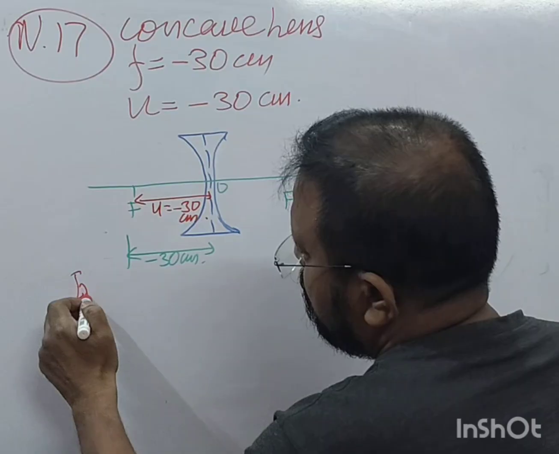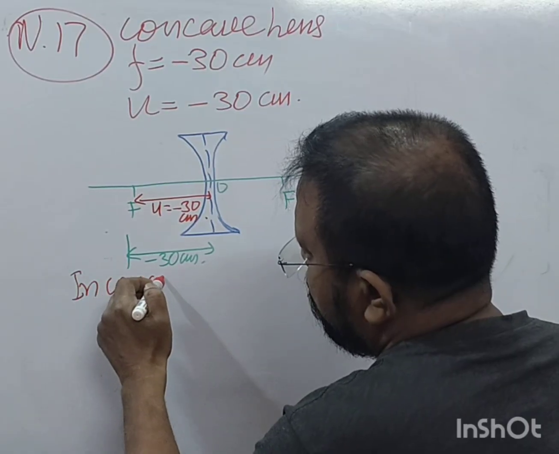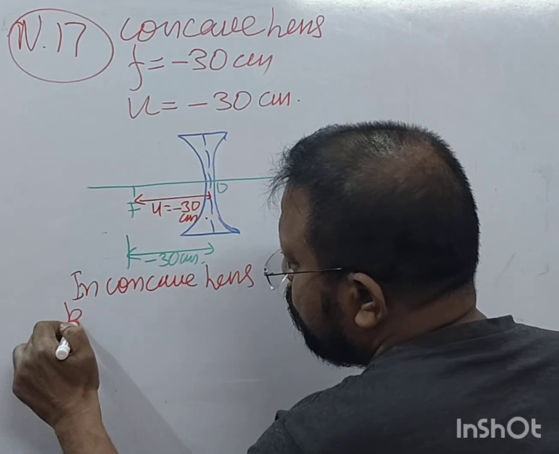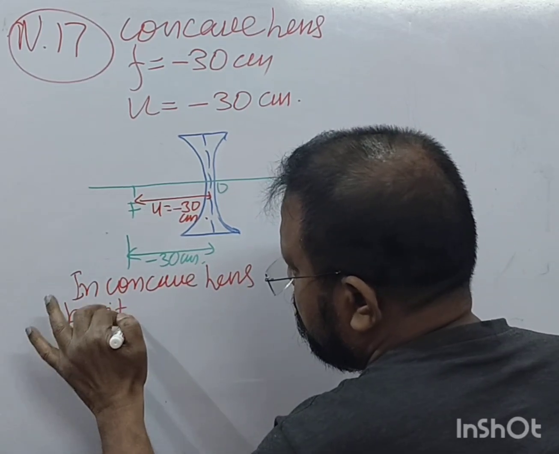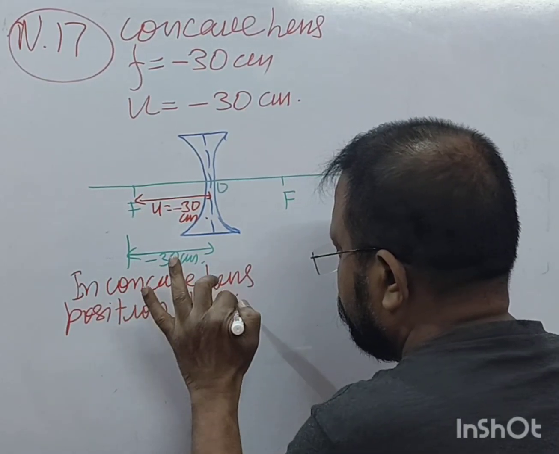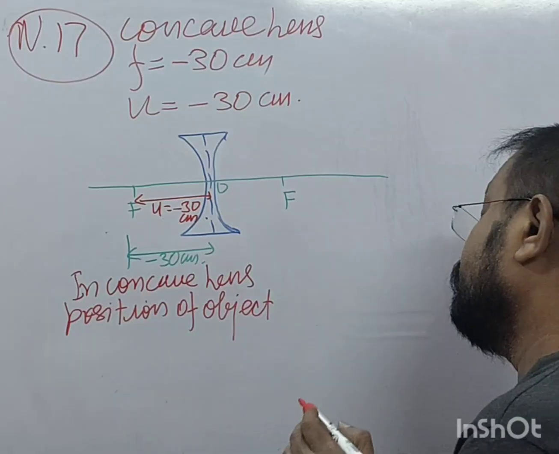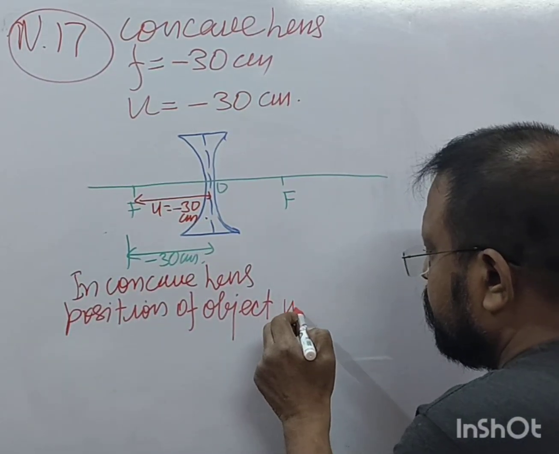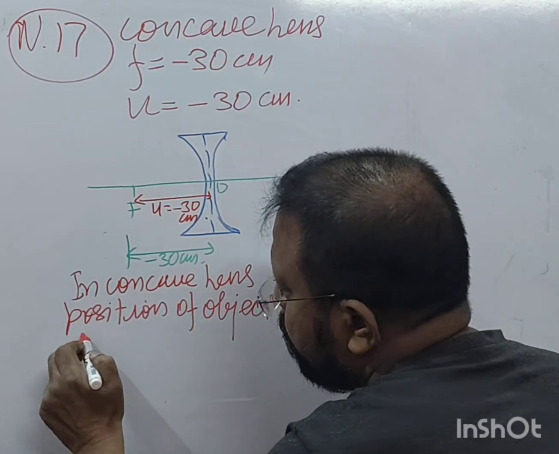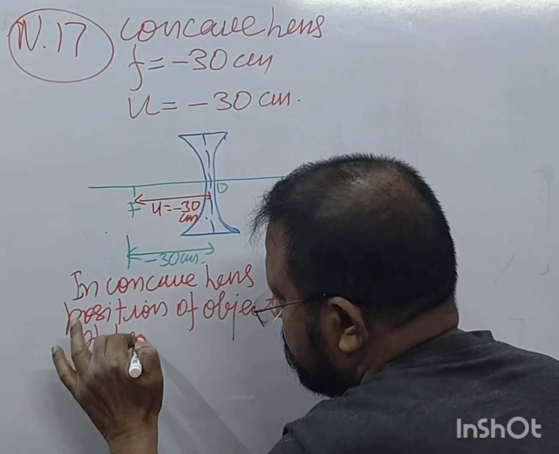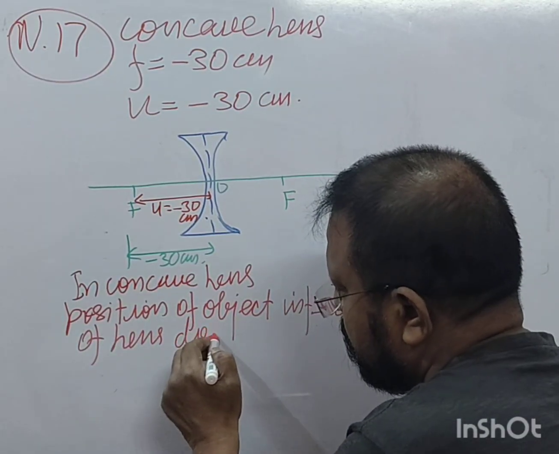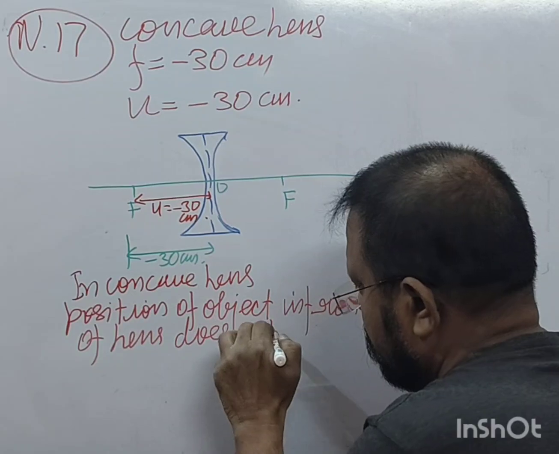In a concave lens, the position of the object in front of the lens does not affect.